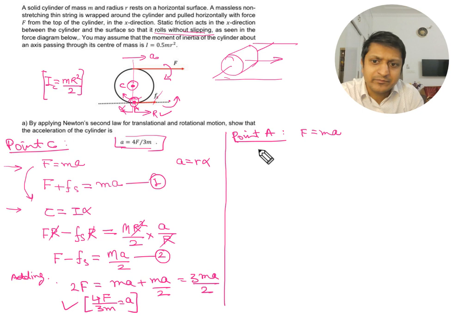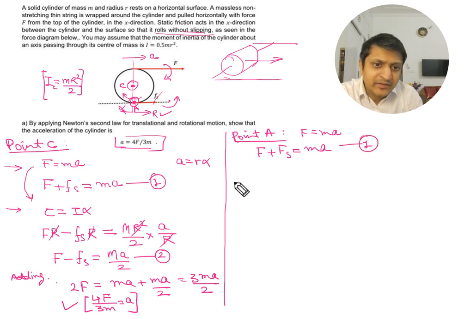This will be the same because the forces are still the same. So this is the first equation, no issues in that. But for the torque equation, now we would be taking the torque about this point. So for this point, the force is this.